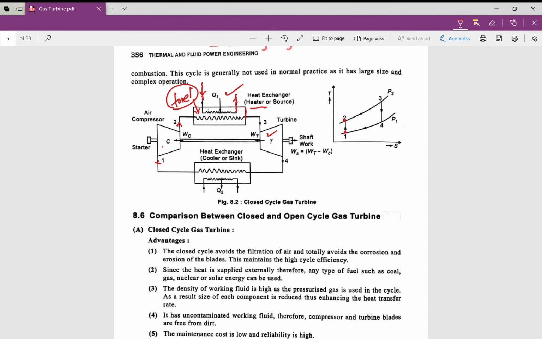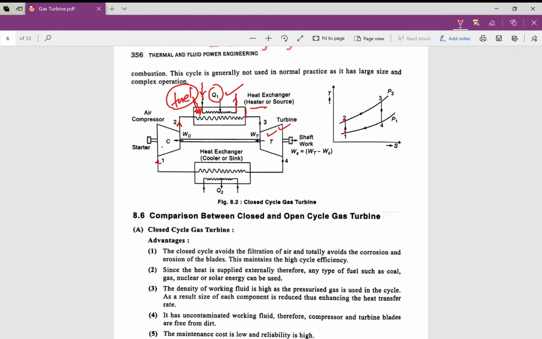So this Q1, after supplying fuel, heat is generated over here, that is total Q1 we can say is the heat supplied due to burning of fuel. Right.